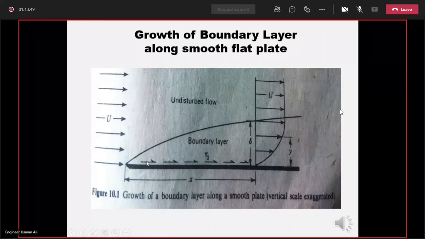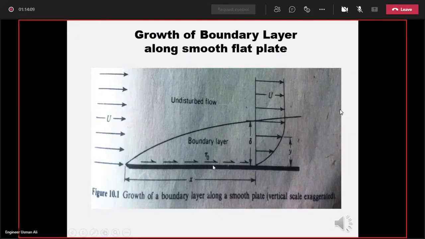You have a smooth flat plate as is shown by this bold line. It has two edges. One is the leading edge, and it is placed in a fluid which is moving with undisturbed velocity u.